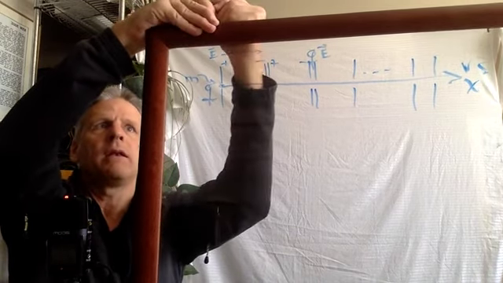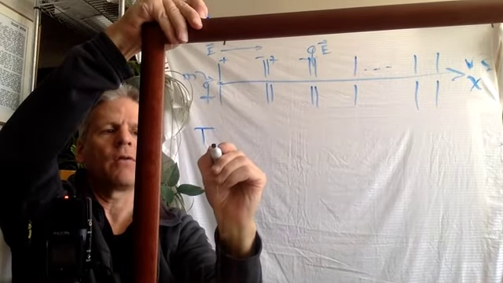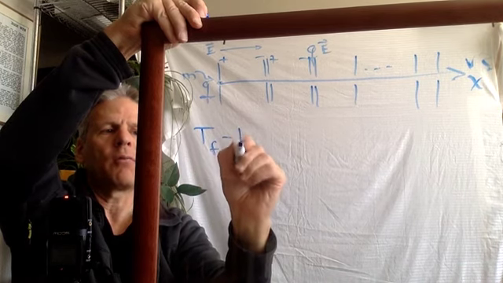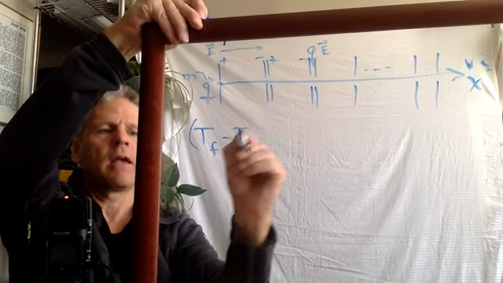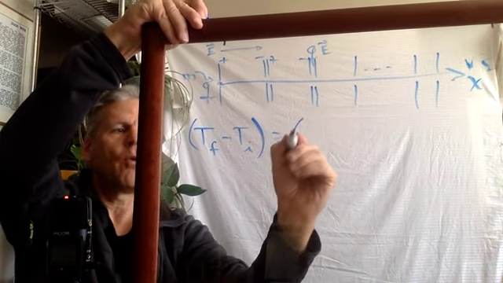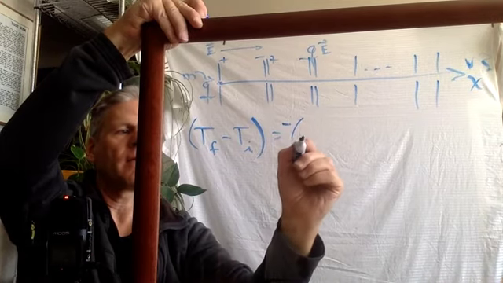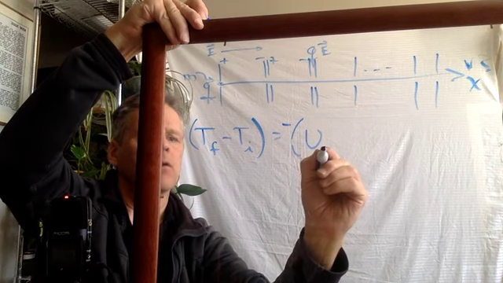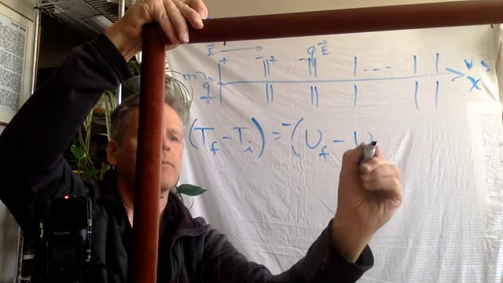Well, what does that mean? That means we are going to get a change in kinetic energy. We're going to go from T final minus T initial. That will be the change in kinetic energy we got. And we know that this is going to equal minus the change in potential energy, minus (UF minus UI).